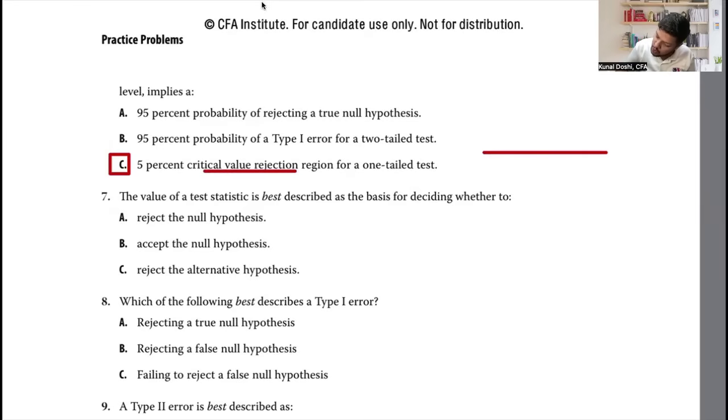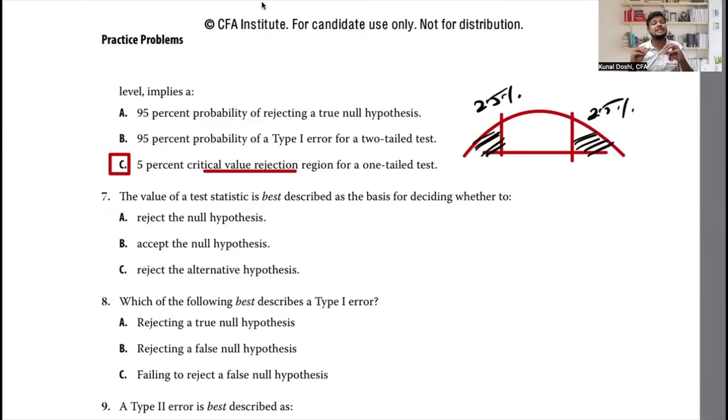My rejection zone, suppose if it is two tail, is 2.5% on both sides, total 5% is my rejection zone. Now they are saying 5% critical value rejection for one tail. If it was one tail, the entire 5% is going to be on one side.